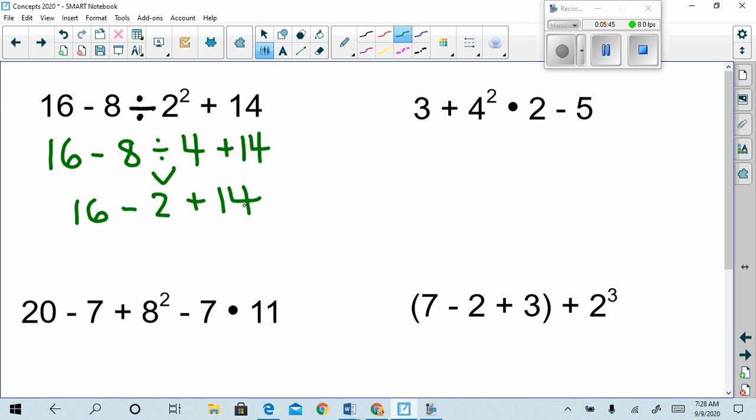Going left to right, I'm going to subtract. I'm going to get 14 plus 14. Final answer, 28.